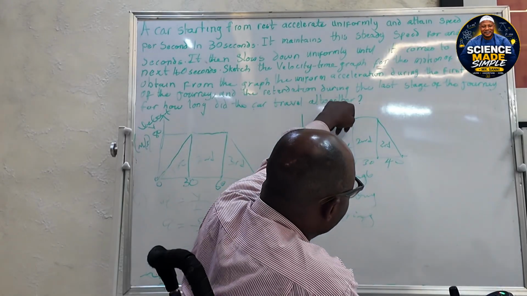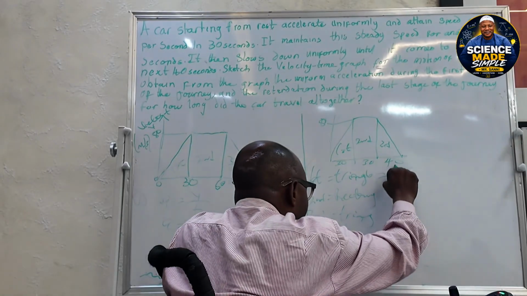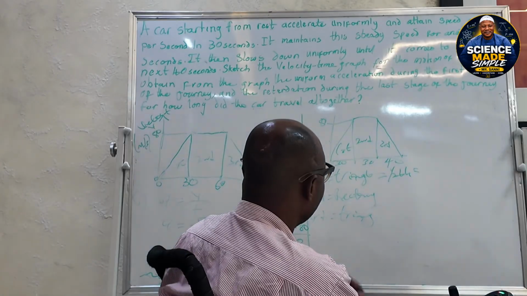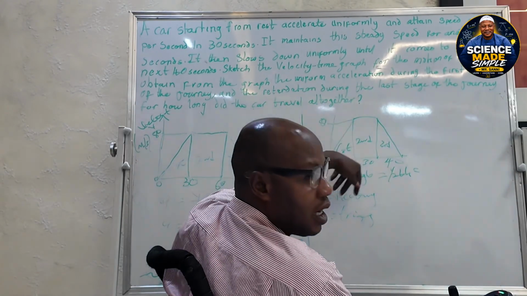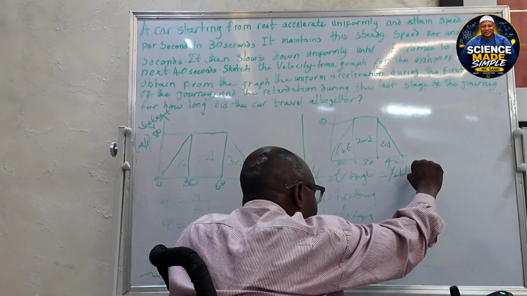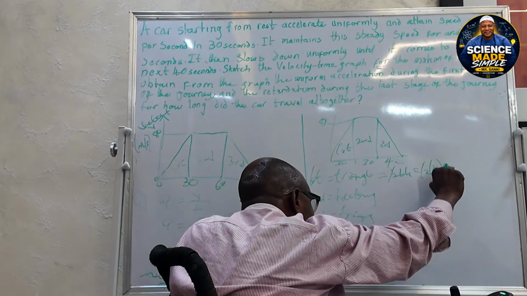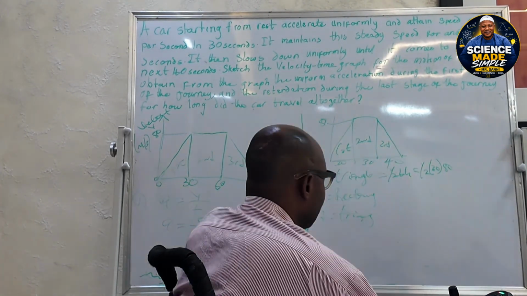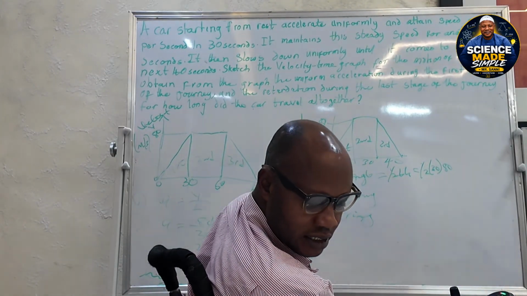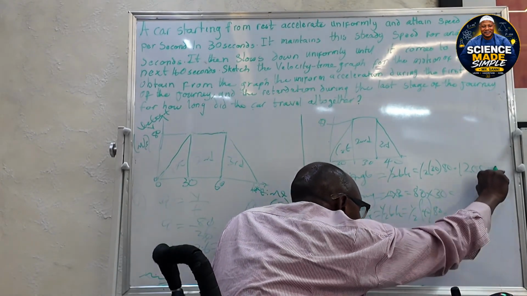Now, to calculate the distance, the area of a triangle is half base times height. So the base is 30. Half of 30 times height. Half of 30 is 15, times 80. This gives 1,200 meters.